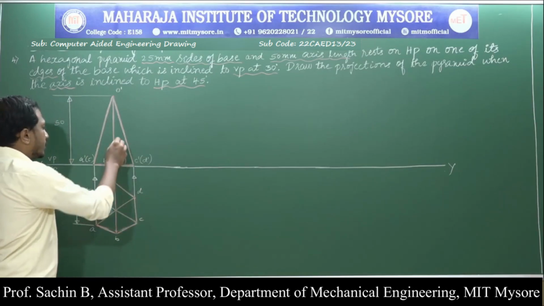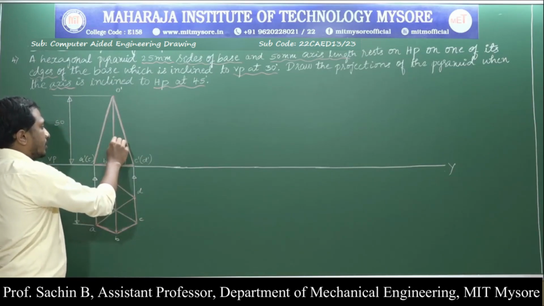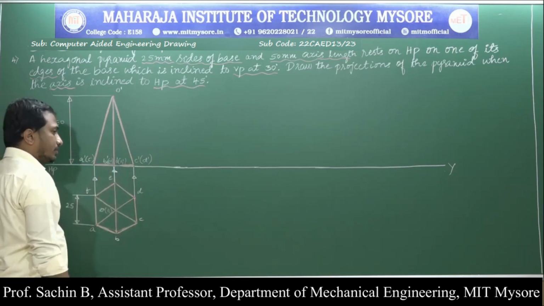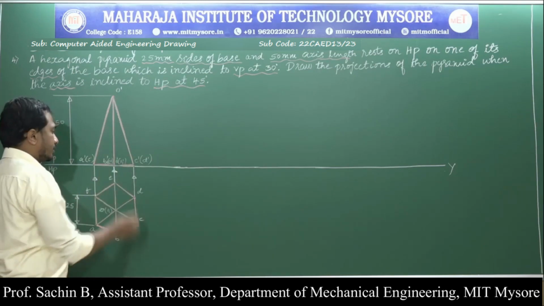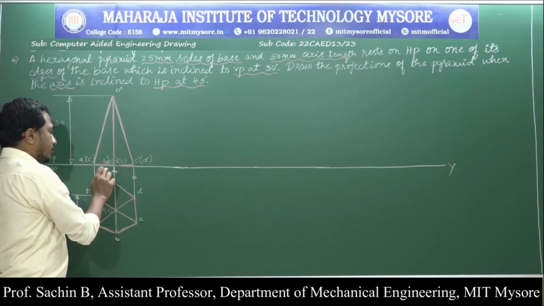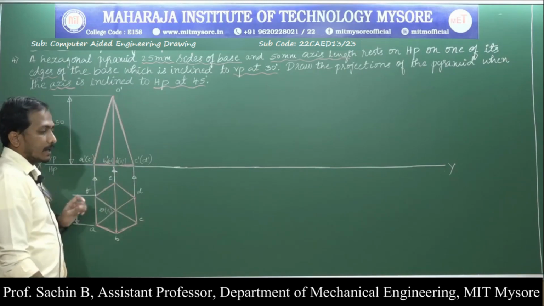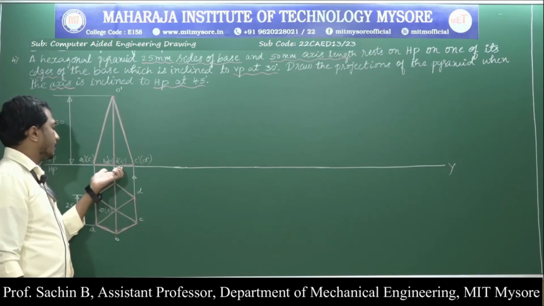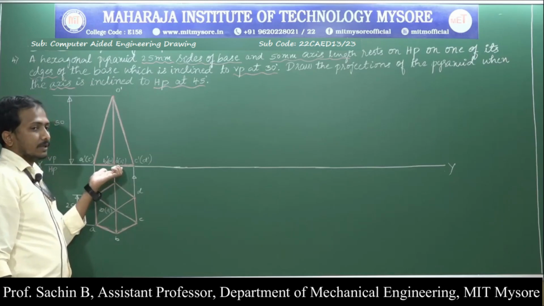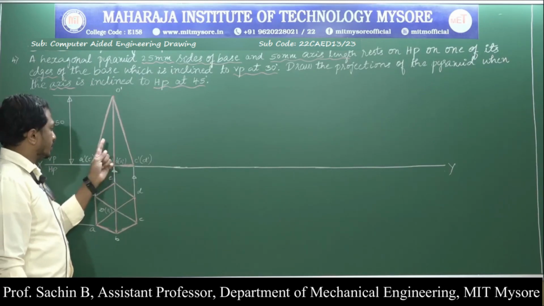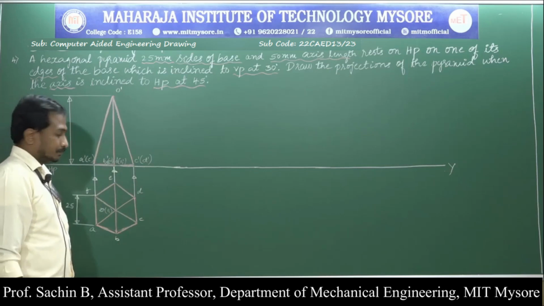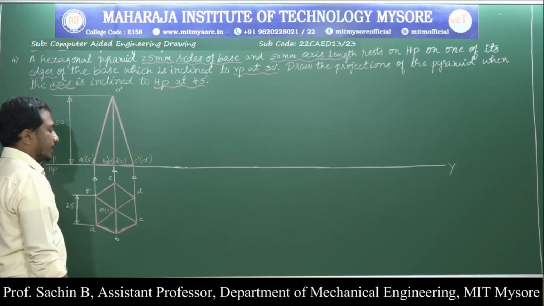Here the axis is present over here, but the visible edge is overlapping the axis. This axis to the base is inclined at an angle of, if I measure the angle, exactly 90 degree because it is in a vertical line without any deflections.